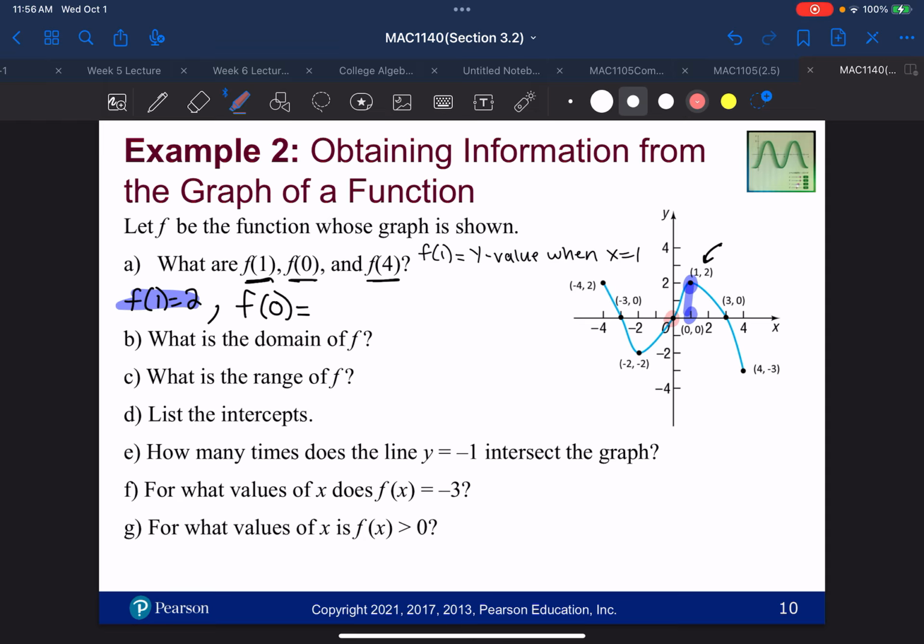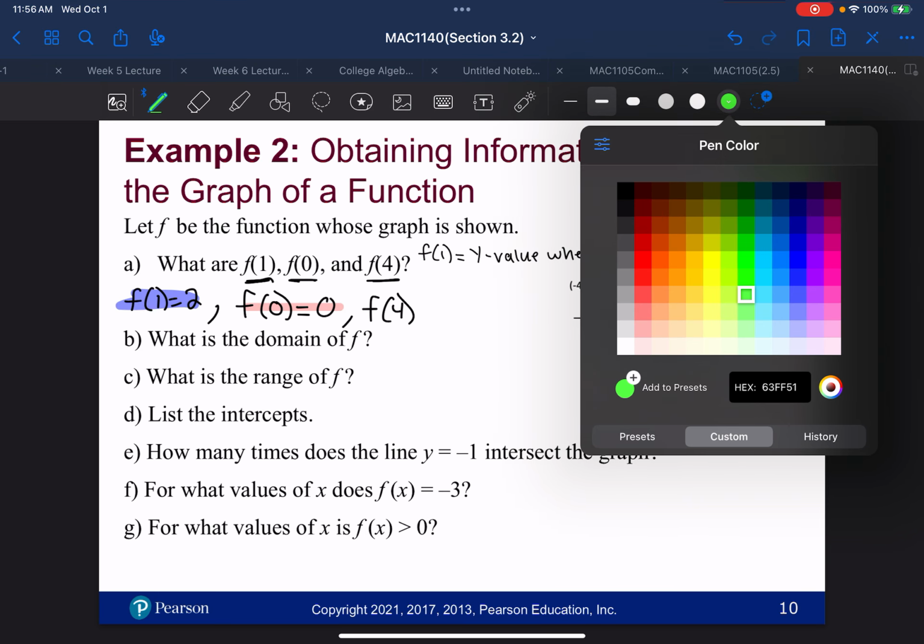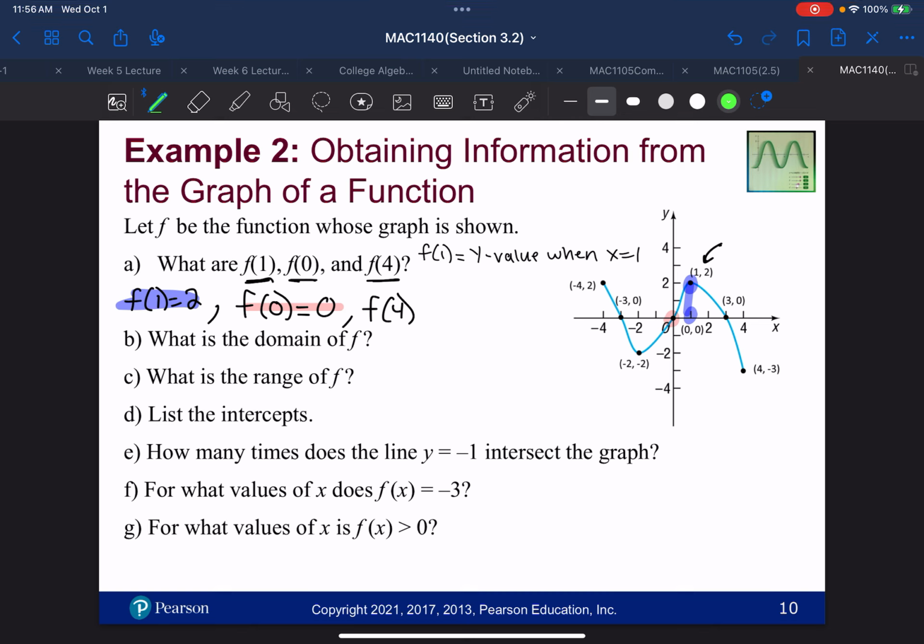That graph is crossing at that point, so the y value there is also equal to 0. And finally, f of 4. Find the value of 4 on the x-axis, which is there, and that corresponds with this point. The y value there is -3. So this is equal to -3.